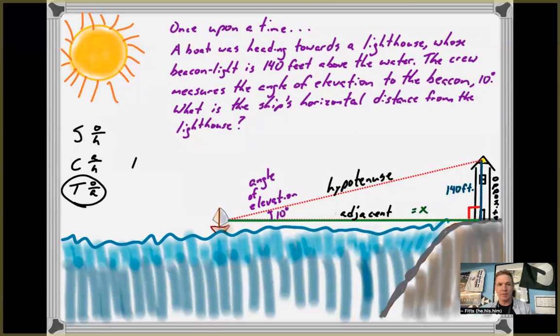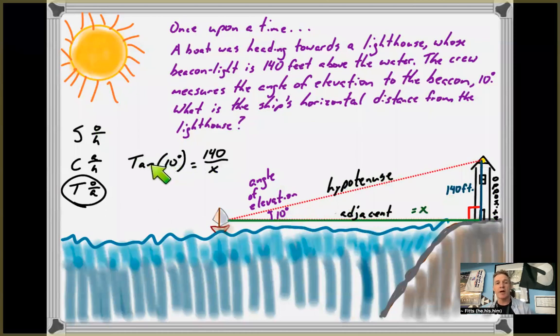The hypotenuse has nothing to do with this problem. So which of these do we have to use? Tangent. The tangent of 10 degrees, our angle of elevation, equals the length of the opposite side, 140, over the length of the adjacent side, which is x. I can plug that into my calculator.